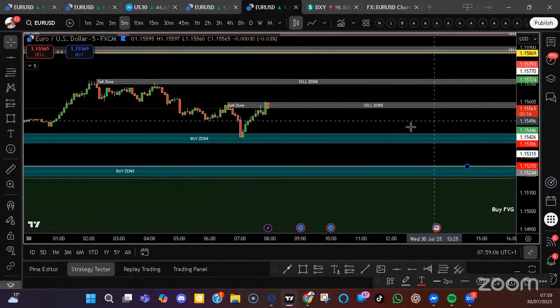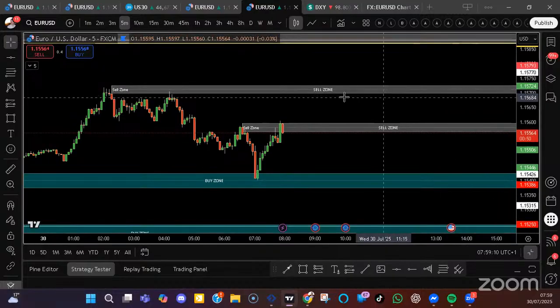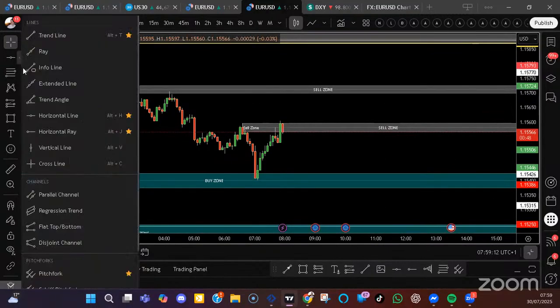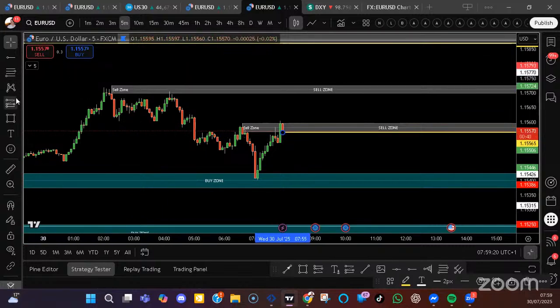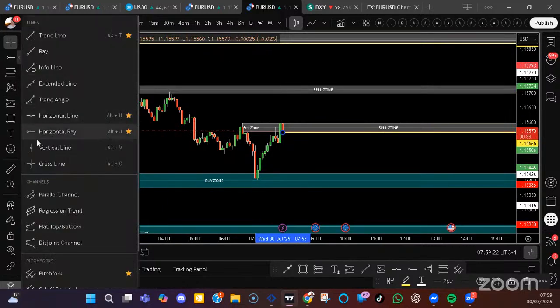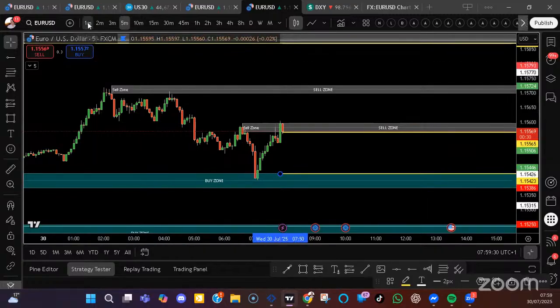Like I say, we're in a sell zone. So we will draw a horizontal ray, sell zone there, buy zone there. So we know to take the next sell.